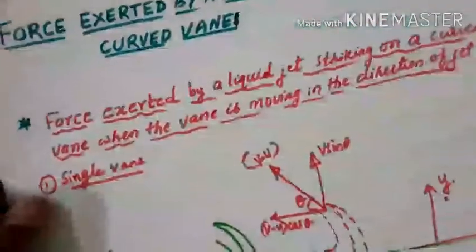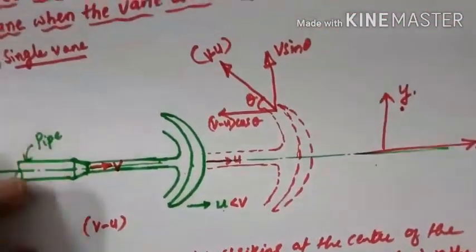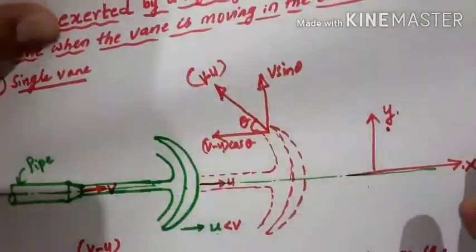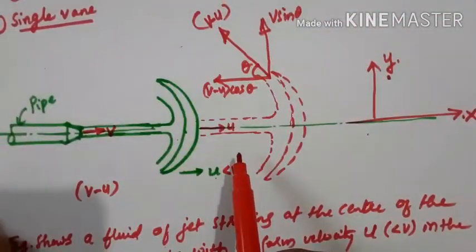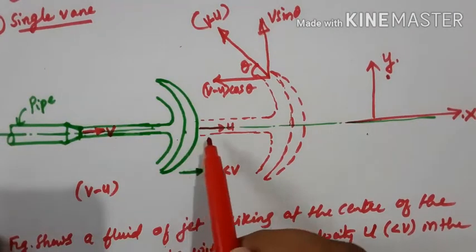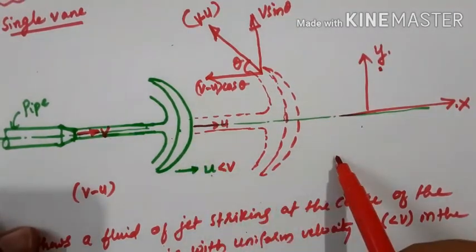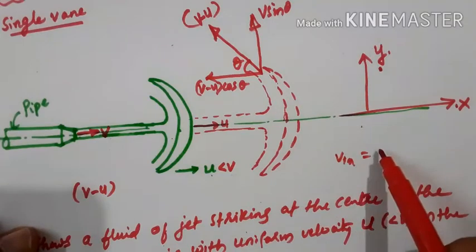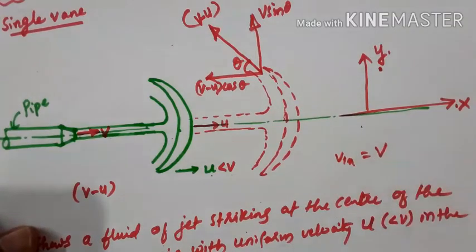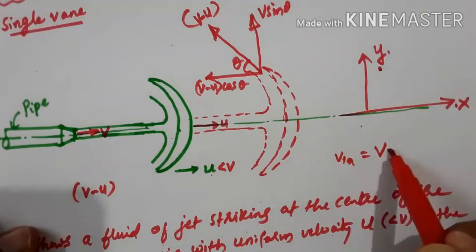Again from this figure you can consider what is the initial velocity to be considered here. So in this figure, here we have to take v1x to be considered as v minus u.